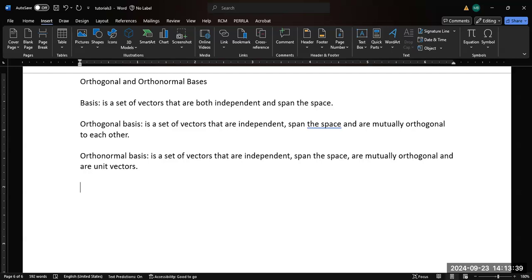Now, matrices that have an orthonormal basis have special properties that we're not going to cover in this video, but instead we're going to talk about checking to see if our set of vectors does in fact form an orthogonal basis, and if they do, turning them into an orthonormal basis.